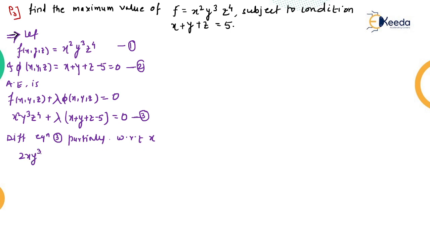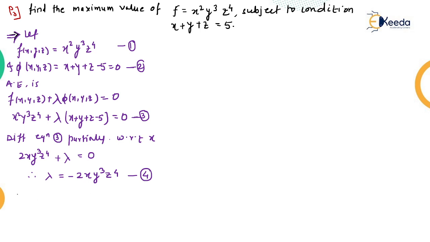Here z and y are constant, therefore these terms remain as they are, plus lambda in bracket x plus y plus z minus 5. Its derivative is only 1 for x, and yz and minus 5 have derivative 0, therefore it becomes only lambda, and that is equal to 0. Therefore the value of lambda is equal to minus 2x y cube z power 4. We call this equation number 4 for reference.